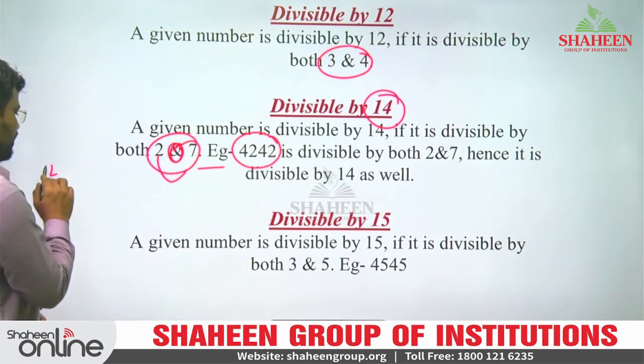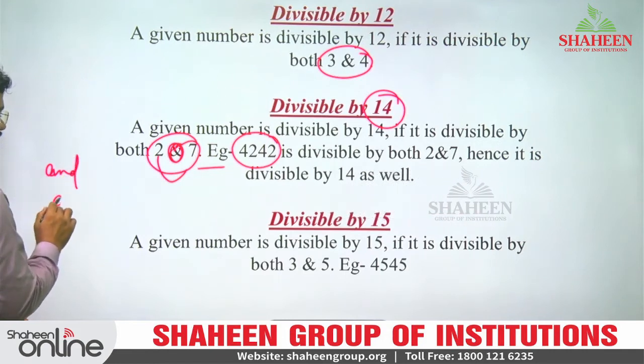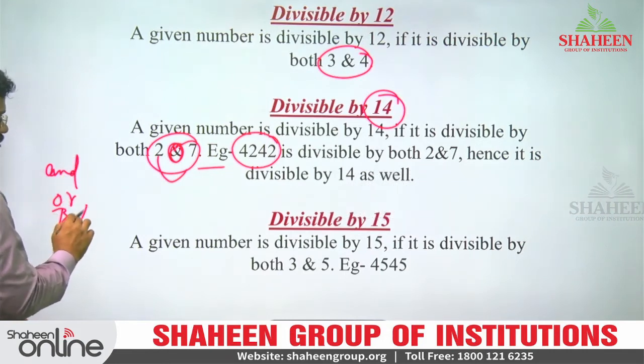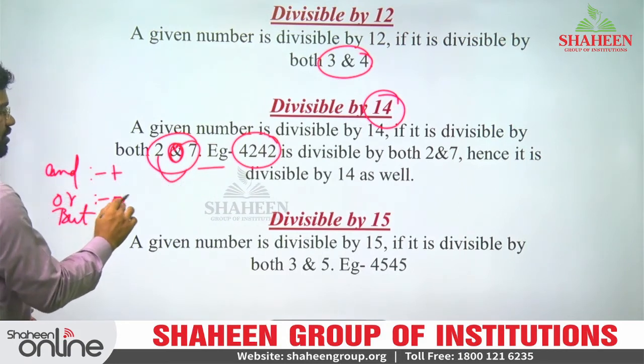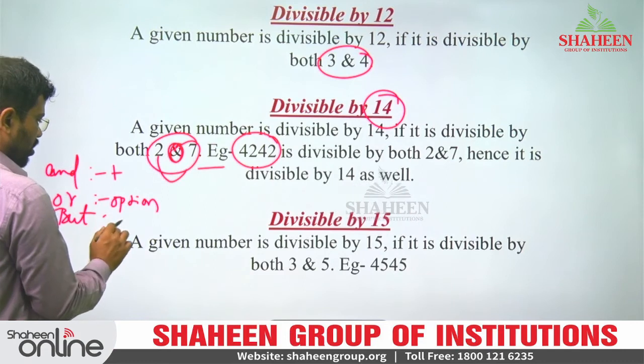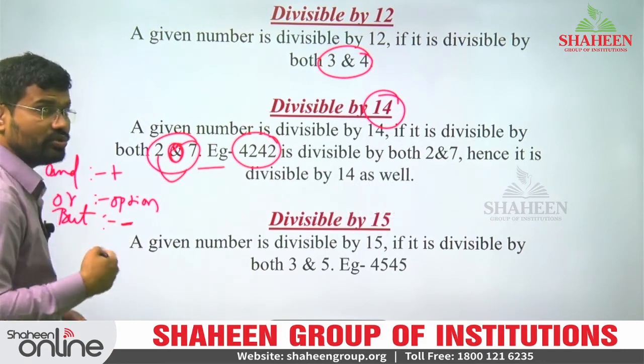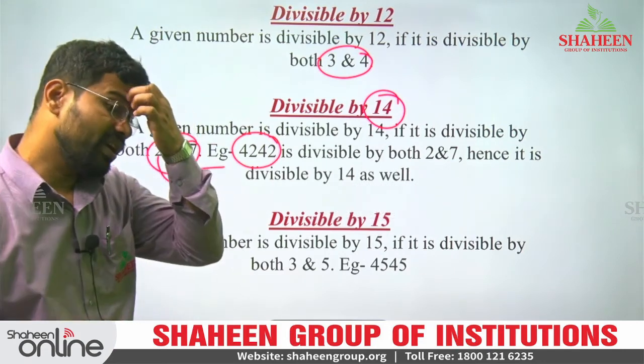Yes, we need to understand the meaning of 'and', 'or' and 'but'. 'And' goes in the positive, 'or' goes in option, meaning may or may not. 'But' goes in the negative, the opposite.